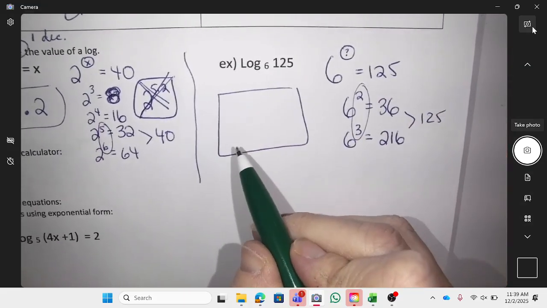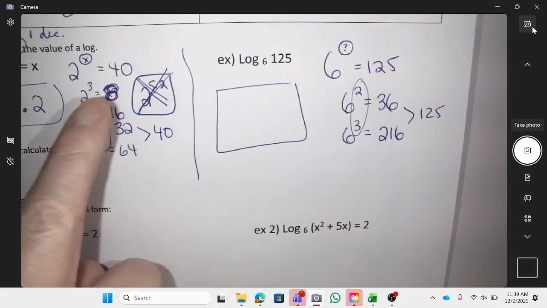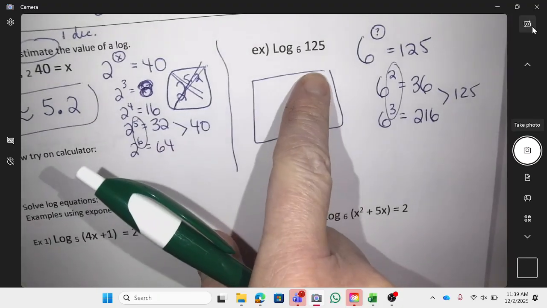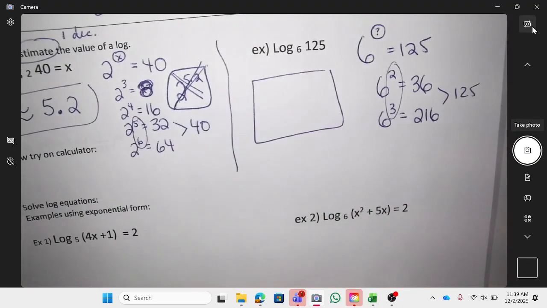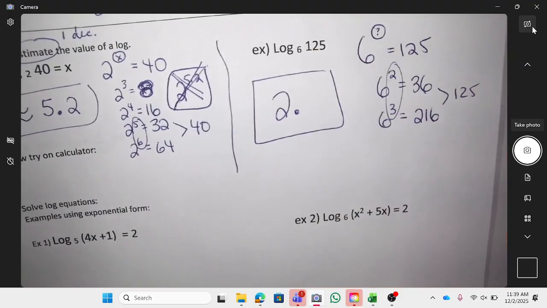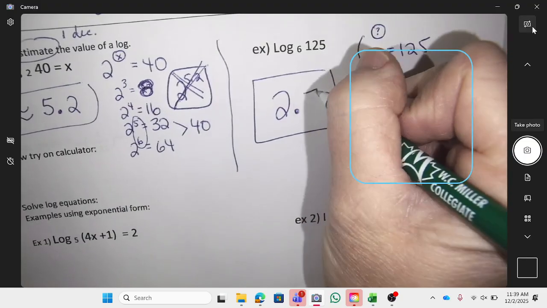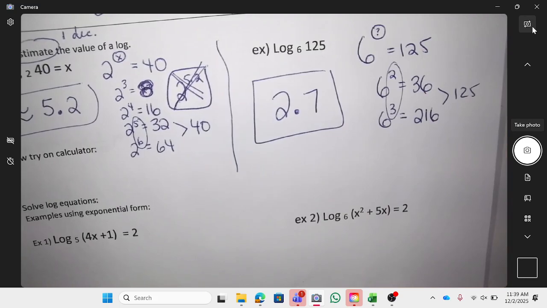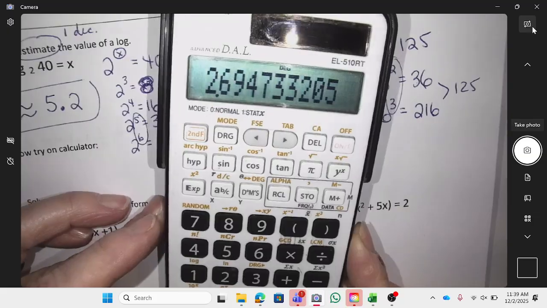I am not going to write x this time. Guess why? It didn't give me x. Here it did, so I write x. Here it doesn't, so I don't write x. I'm just going to write, what's the exponent? 2.6 something. You said 7? Is that what you wanted to do? 2.7. Oh, good guess.